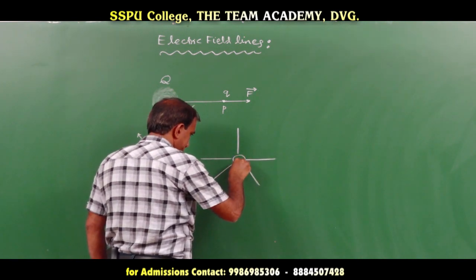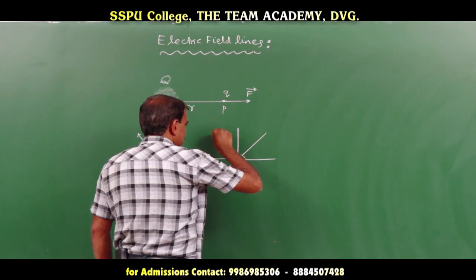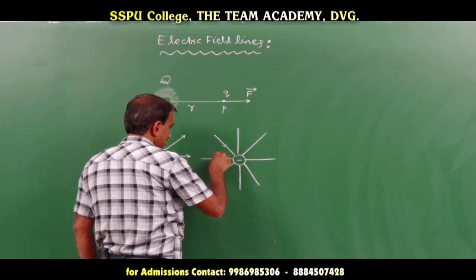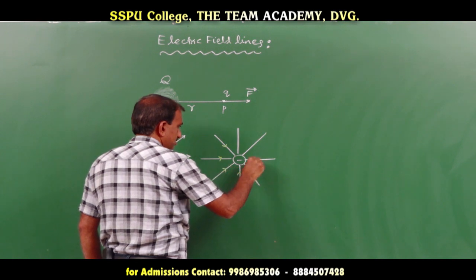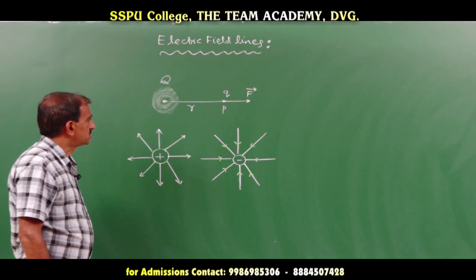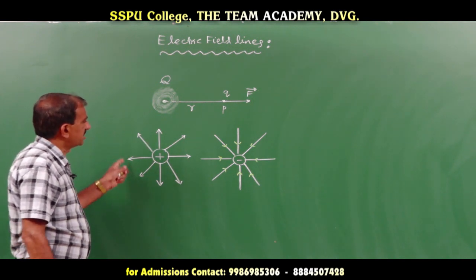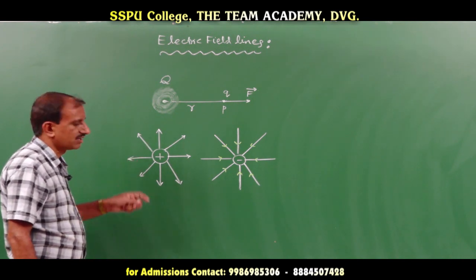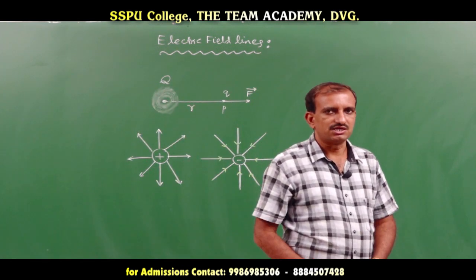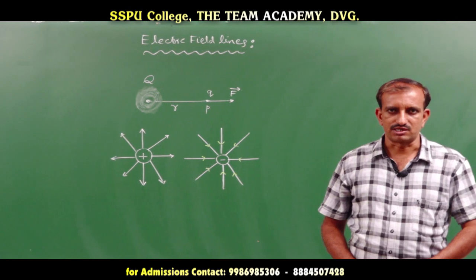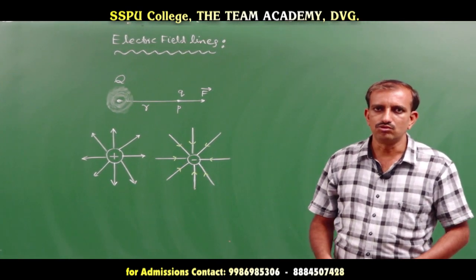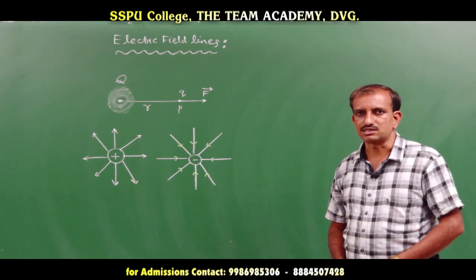These are the electric field lines for a negative charge. So, the electric field lines can be drawn to represent the electric field around a charged particle, along which a test charge tends to move in the direction of the electric field.